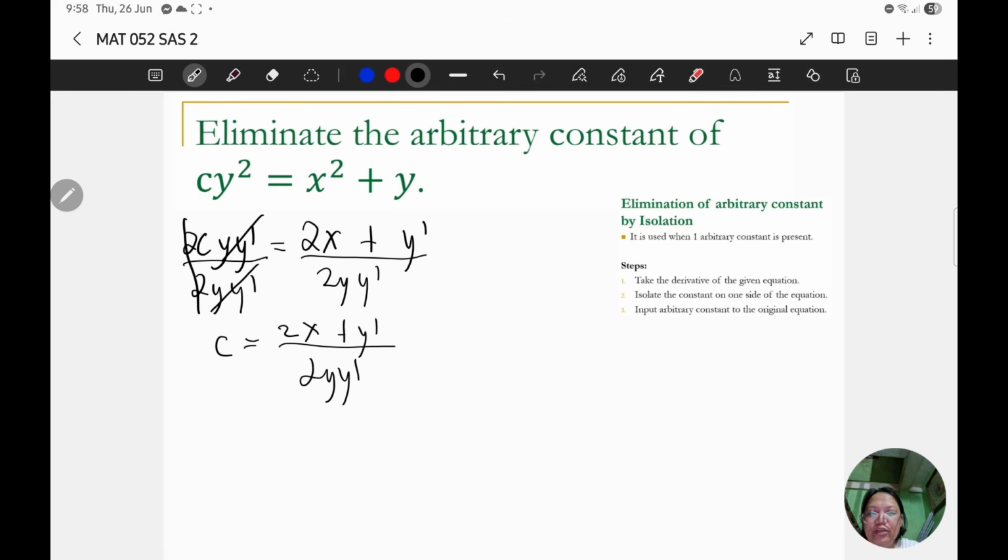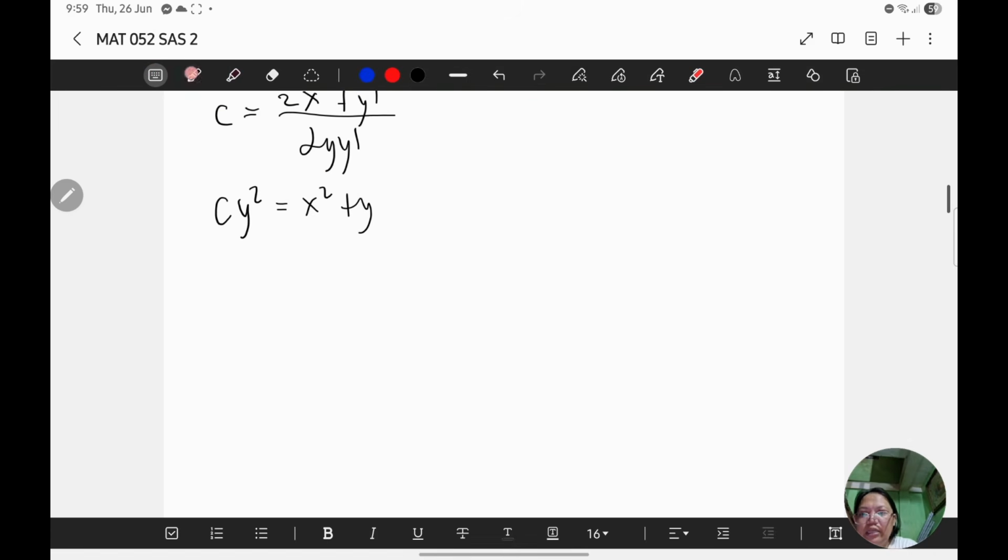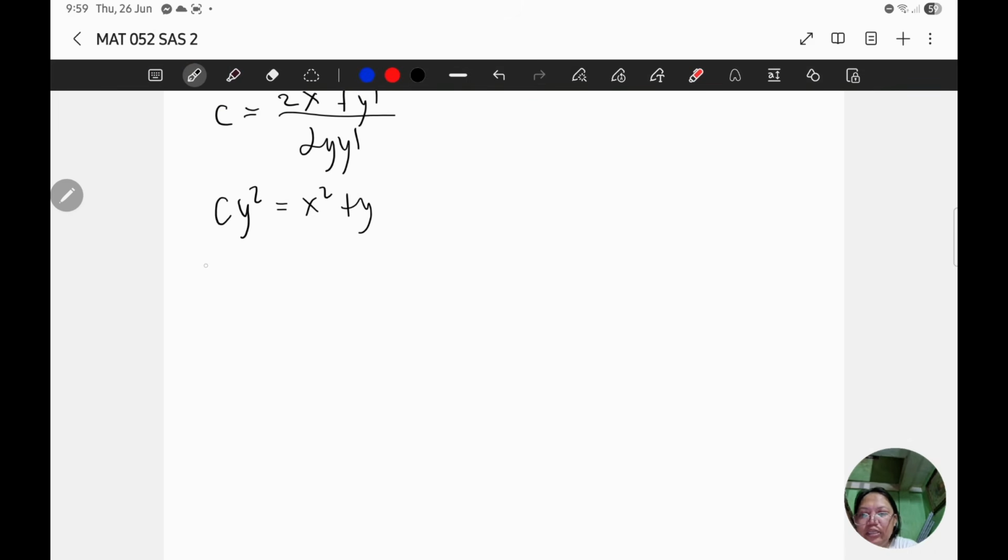Then, the third step is to input the arbitrary constant to the original equation. Our original equation is cy squared equals x squared plus y. Then, our c is 2x plus y prime over 2y y prime, right?